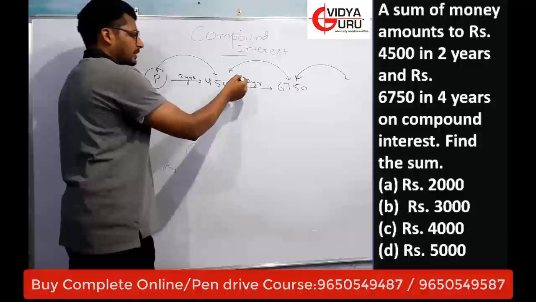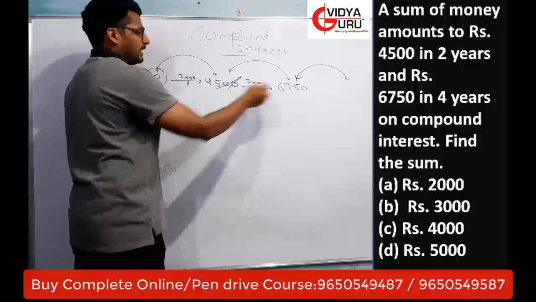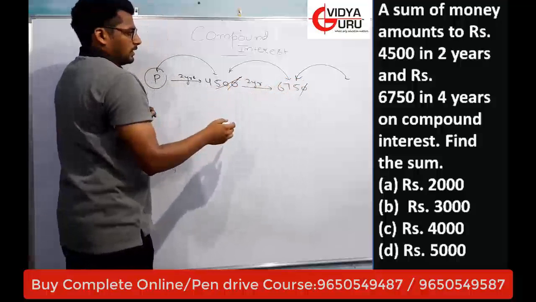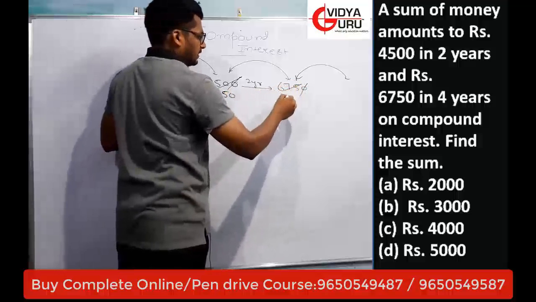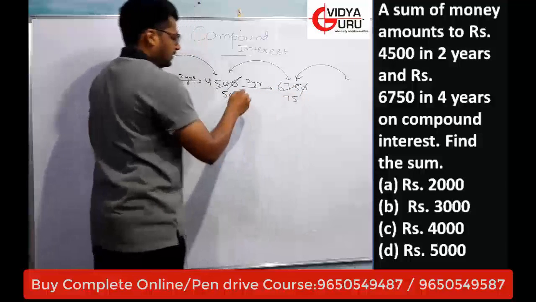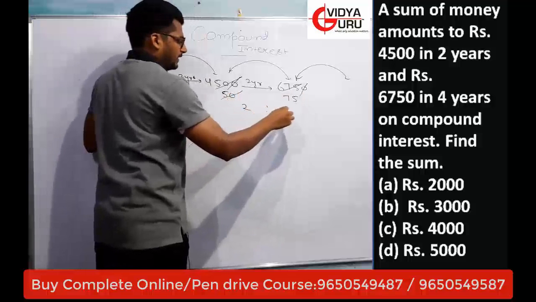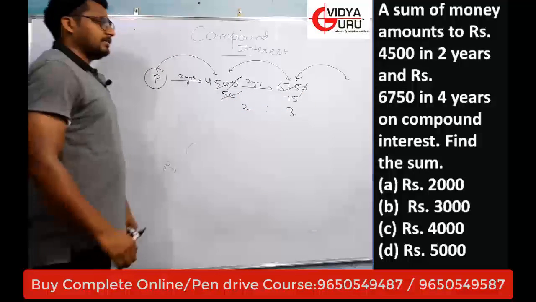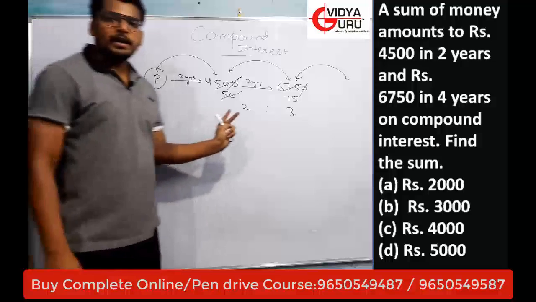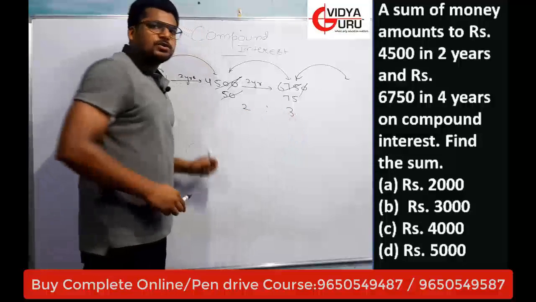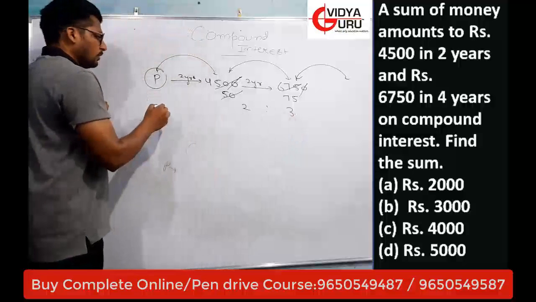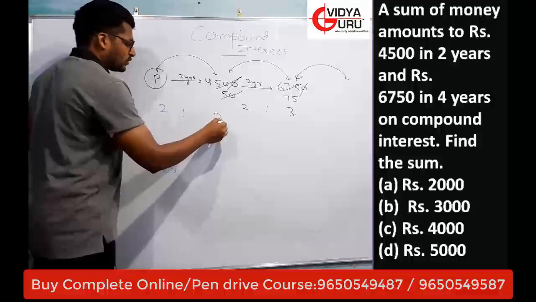What is the ratio here? If I cancel it out by 10 by 10, 450 to 675, 2 to 3. Then for every 2 years, the ratio of amounts will be 2:3. So here also the ratio would be 2:3.